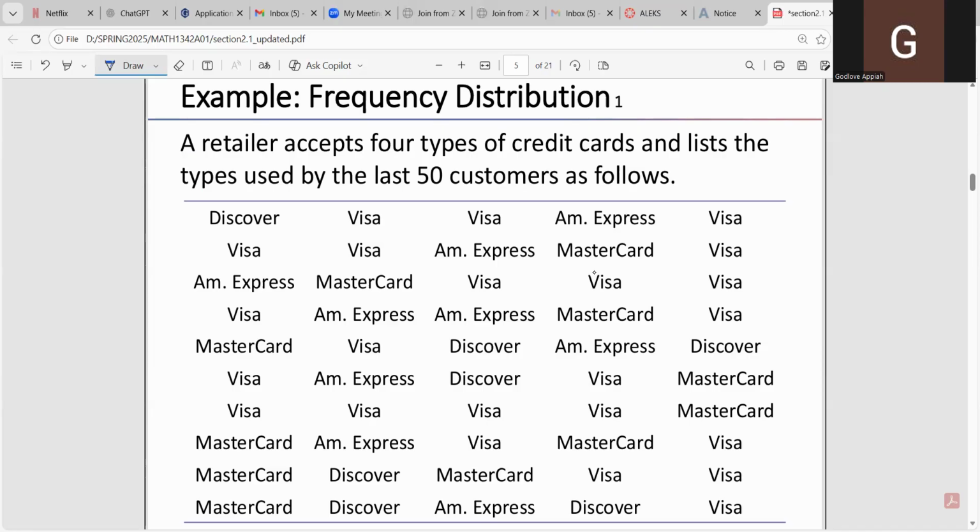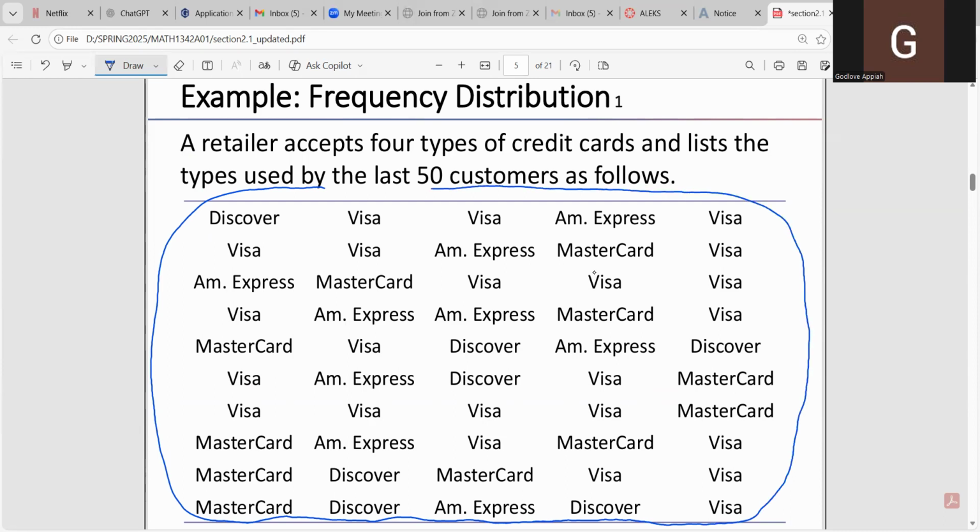So what we have here is a data set. This is a qualitative data set because the data values, or the observations in this data, are all non-numerical, and we cannot assign numbers to these data values. So this makes this a qualitative data set.